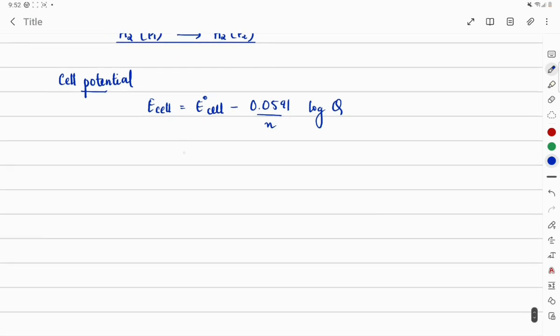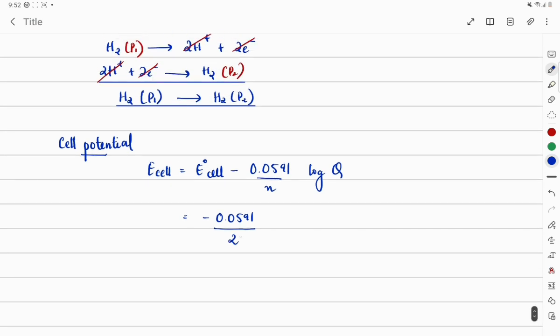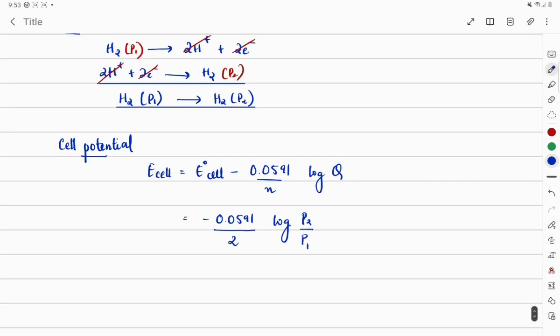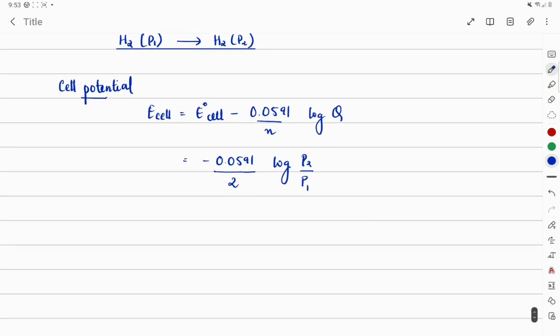So you have E cell is minus 0.0591 by 2, since the number of electrons involved is 2, into log of concentration of product by reactant. Product is at P2 pressure, reactant is at P1 pressure, and the stoichiometric coefficient is 1, so the whole is raised to 1. We don't mention that. So in case of 2 electron involvement, we will write the cell potential like this.